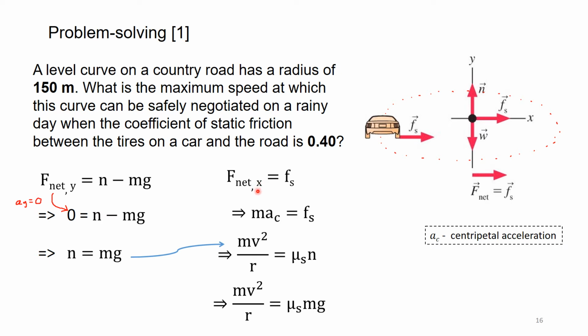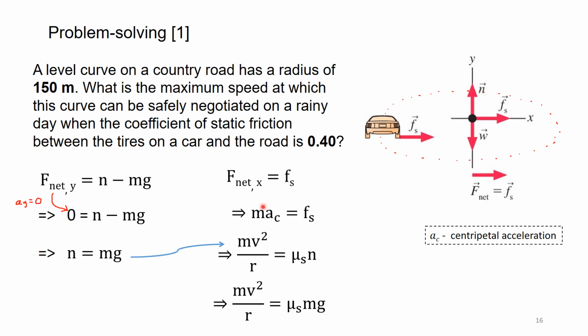All right, then let's do the x direction. In the x direction, there is just one force, the friction here. So we said net force in the x direction equals friction, but then there's more. This frictional force is the same as the centripetal force, because you can see in this other picture, this frictional force points to the center, and it's the only force that points to the center, and it's responsible for keeping the car moving in a circle.